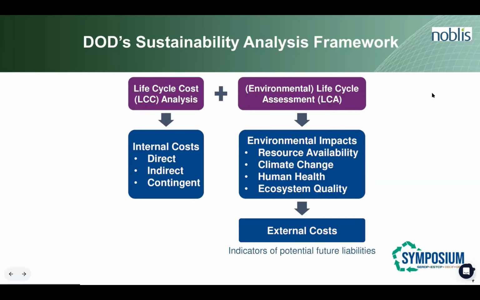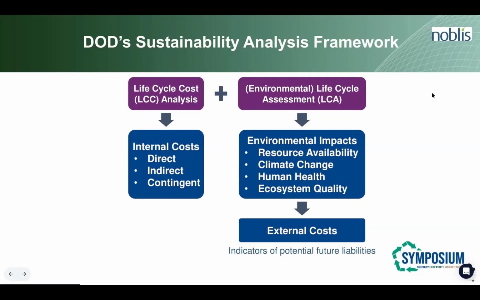I talked about LCA, now we'll talk about combining with the costing for the full sustainability analysis. So what is a sustainability analysis? It's comprised of two items: a life cycle cost estimate and an environmental life cycle assessment. We talked a little bit about each of these pieces.